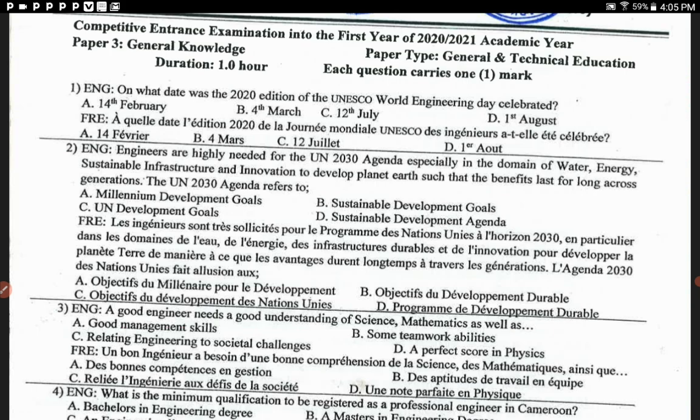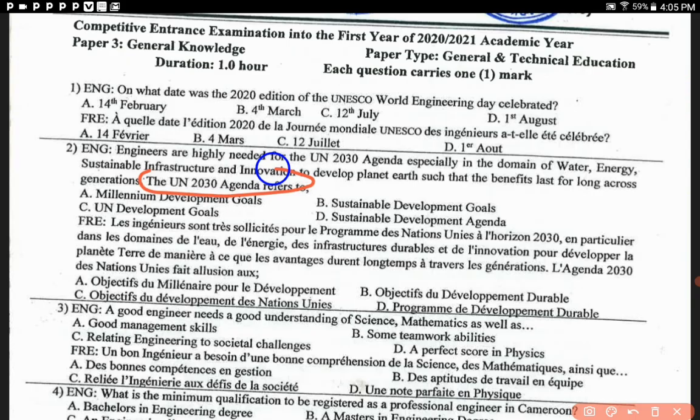The United Nations 2030 agenda refers to. So I want to believe that it will not be the first time for you hearing about the UN 2030 agenda or the sustainable development goal.